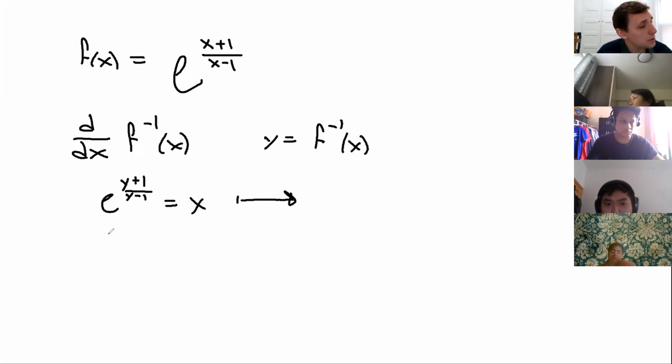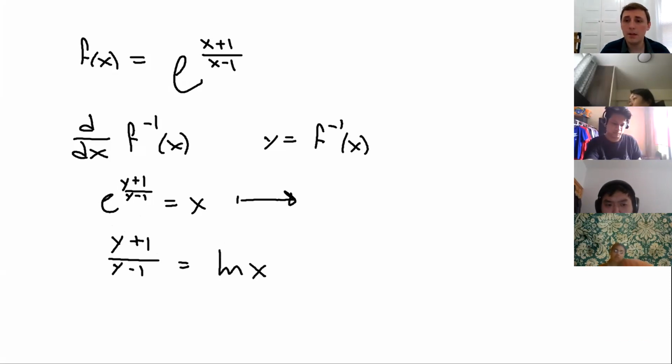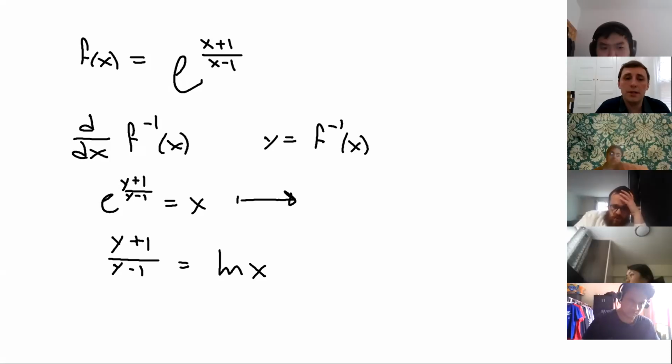So here I would say y plus 1 over y minus 1 is equal to ln of x. Do you agree? The logarithm is the inverse of e. Everybody understands that. We talked about it, I think, a few times, right? An exponential and a logarithm cancel out, so they are each other's inverses.